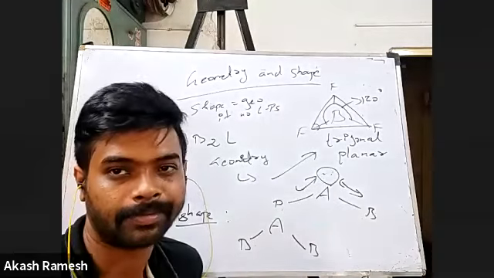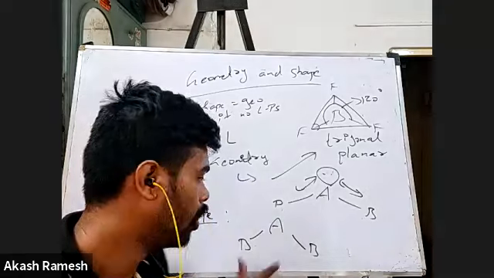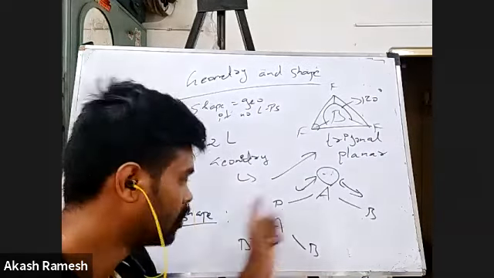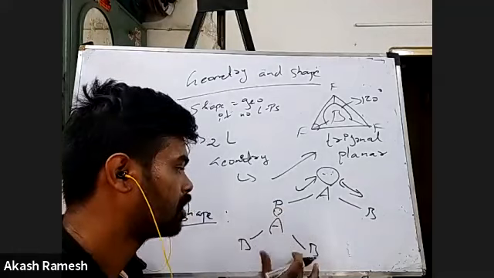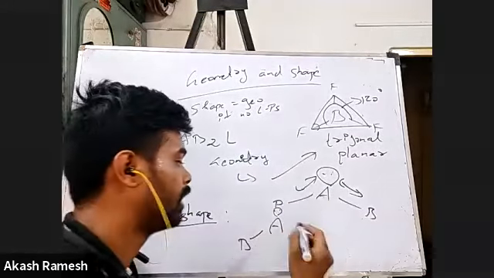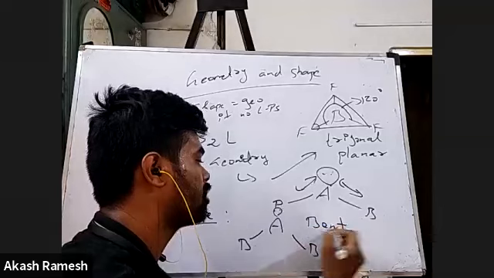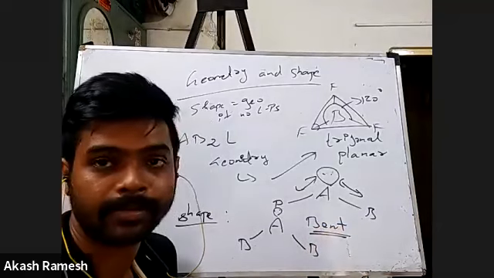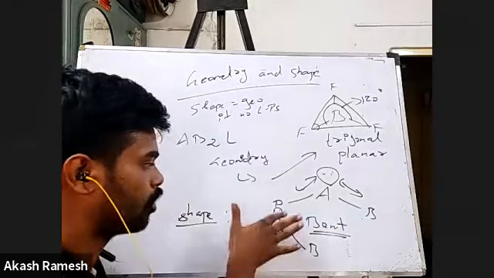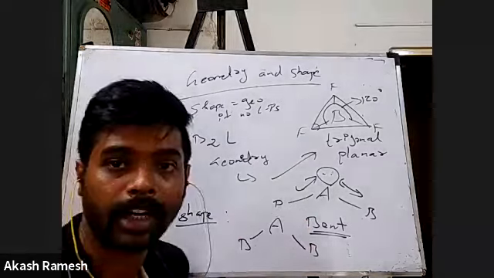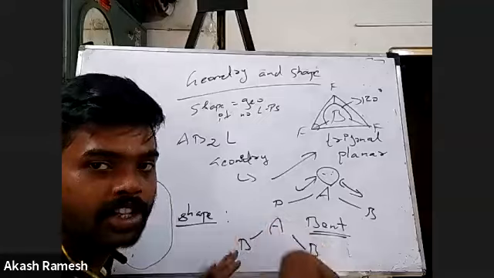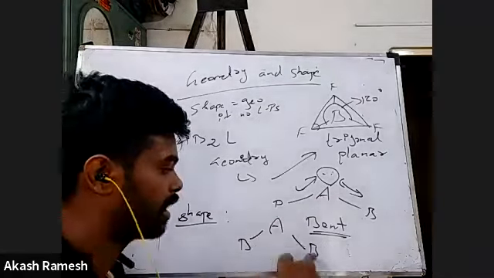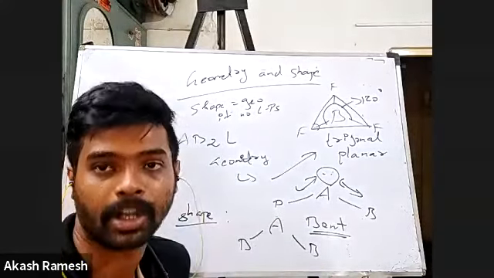This is the shape of the molecule, and if you want, you can put the lone pair here, but the shape is going to be called a bent shape. If I don't consider this lone pair, what are you seeing? Both the bonds are coming together like this. This is the bent shape.